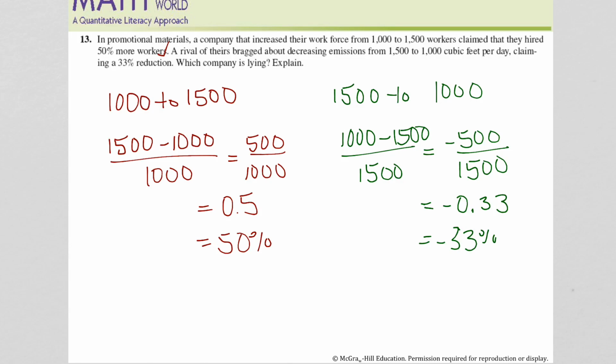So it looks like the second one's claim is correct. So both are telling the truth. So even though it didn't appear so from what it looks like, it is the case that both are correct.